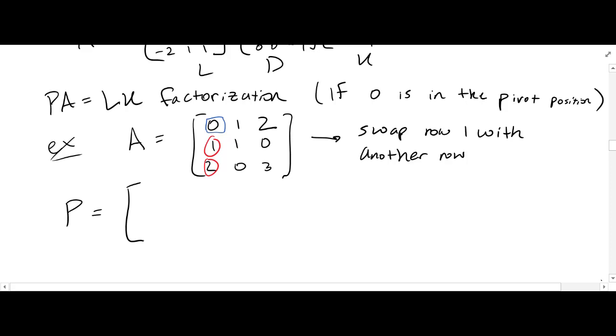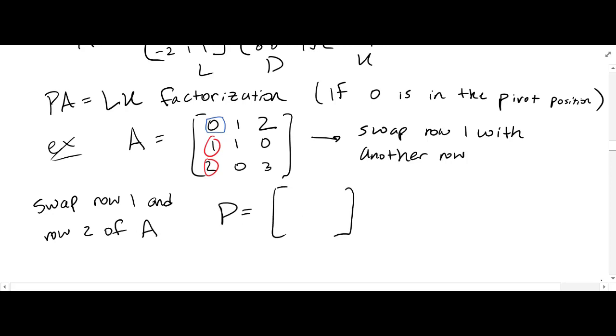So the matrix that does that is the matrix you get by swapping row 1. Say I want to swap row 1 and row 2. Well, if you swap row 1 and row 2 of the identity matrix, then you get this matrix, which means this is the matrix that when multiplied on the left of A, swaps the first 2 rows of A. Yes?